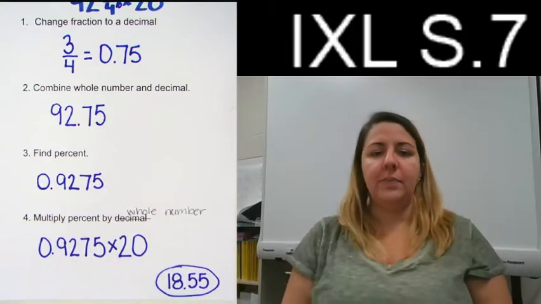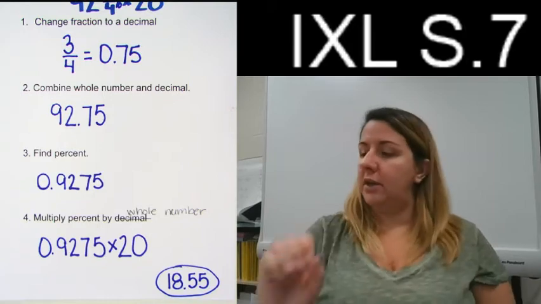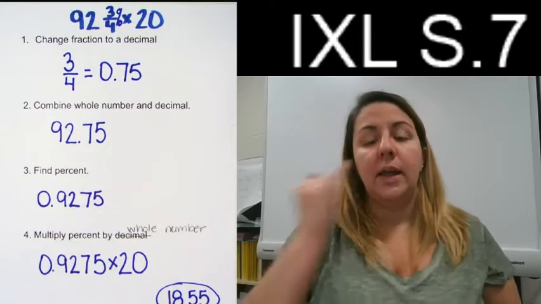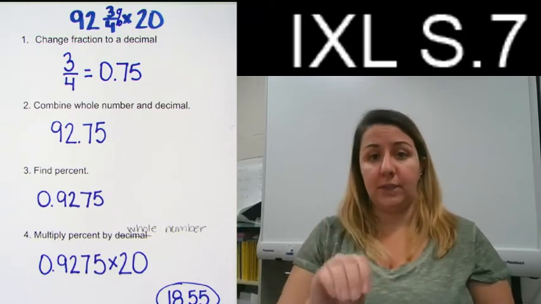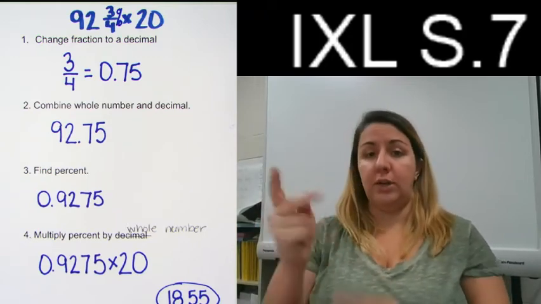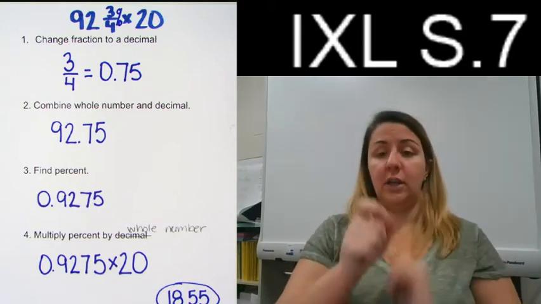I fixed that on there. You multiply percent by your whole number. So, if your problem was 92.75% of, or times, 20, first change that fraction to a decimal.